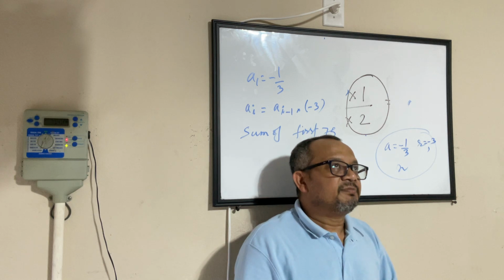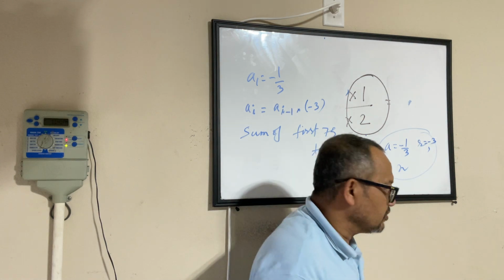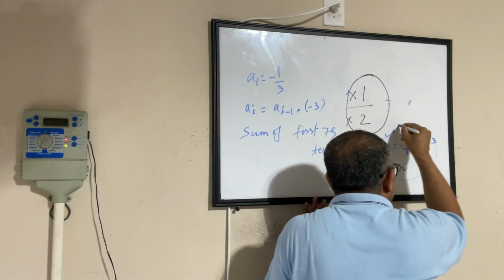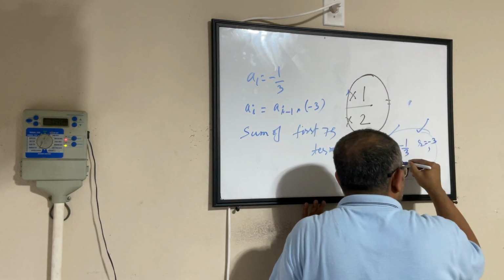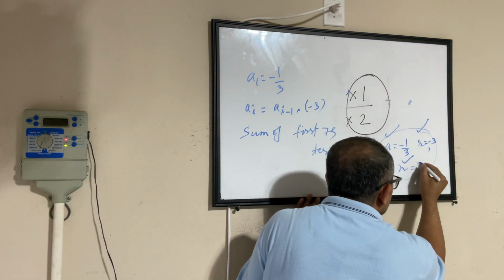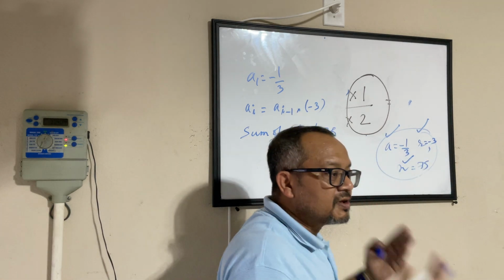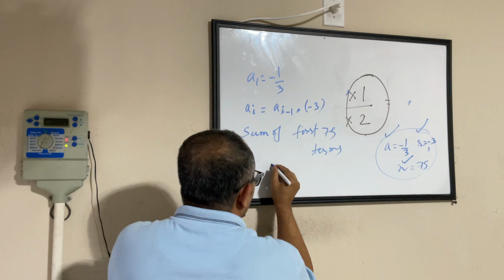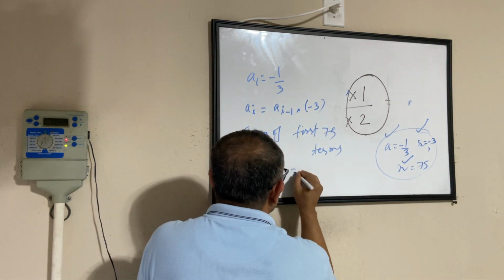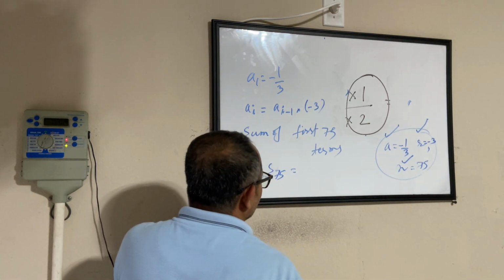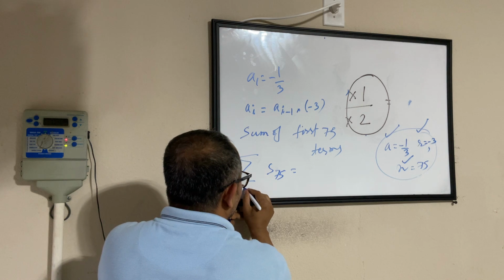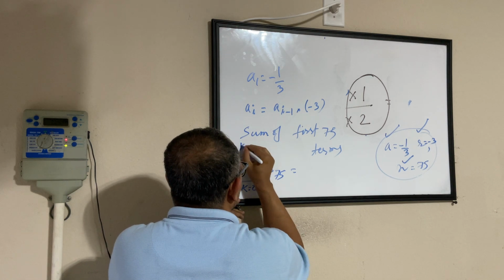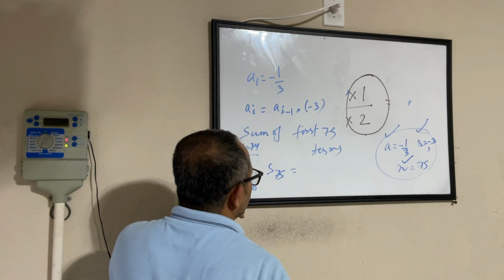Now, tell me if any of you have any doubt with respect to how to do it. We only need the first term, common ratio, and the number of terms. This is also given as 75. Now, if you remember the formula, wonderful. If you don't remember, that is even better. Okay? Sum of 75 terms, or you can call it sigma, k from 0 goes till k equal to 74.